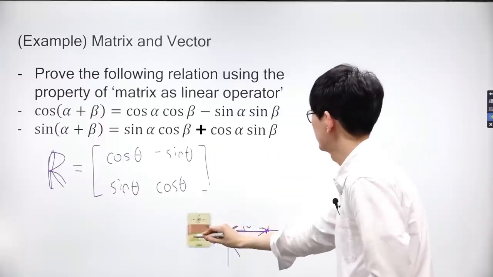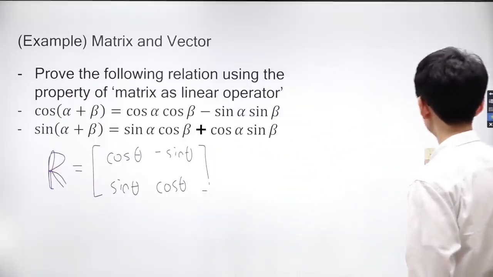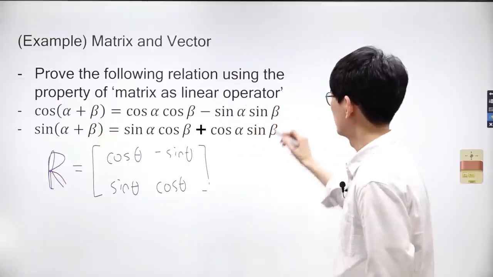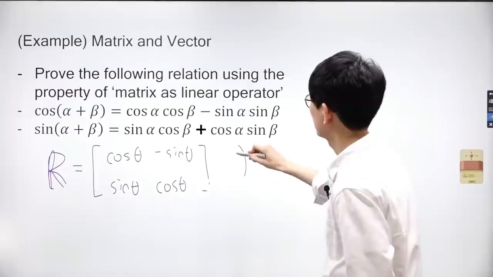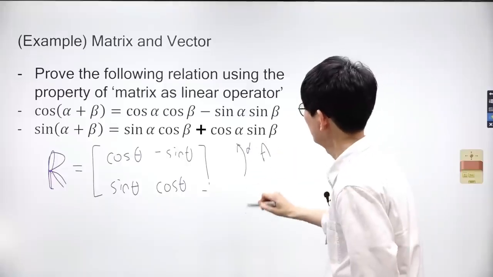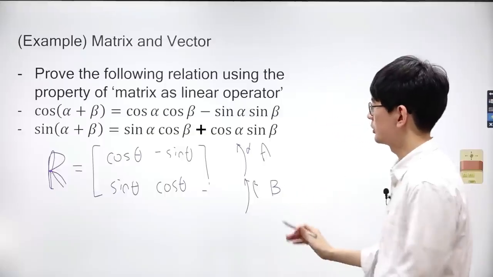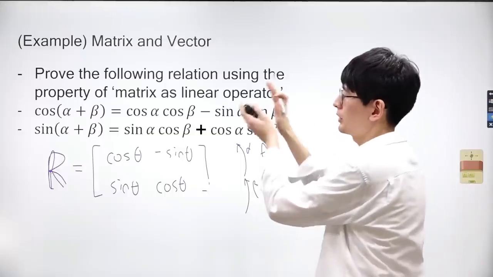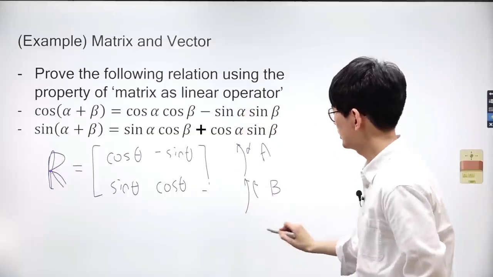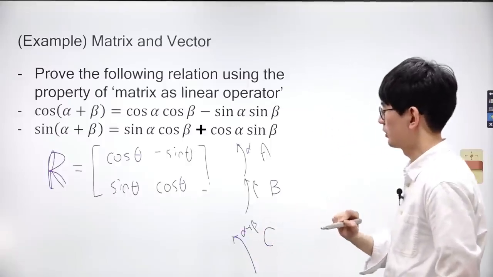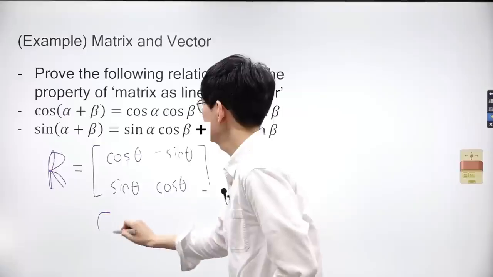Let's revisit the addition formulas for sine and cosine. Earlier, we had two rotation matrices. We'll call the first matrix, which rotates the space by alpha degrees, A, and the second matrix, which rotates the space by beta degrees, B. Now imagine we have another rotation matrix, C, which rotates the space by the angle alpha plus beta.